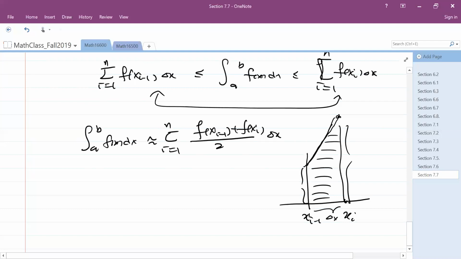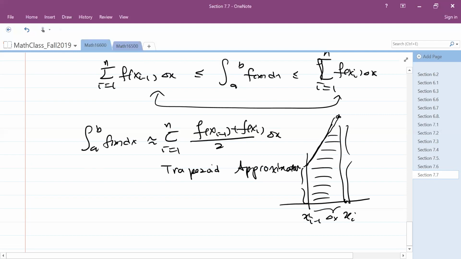Then we can call it the trapezoid approximation. So we use a trapezoid instead of a rectangle to estimate the area under the graph. How to get the trapezoid? At the very beginning, we did not realize that.